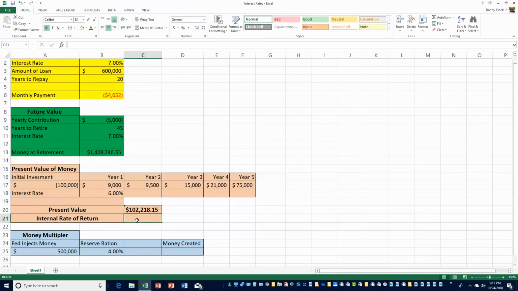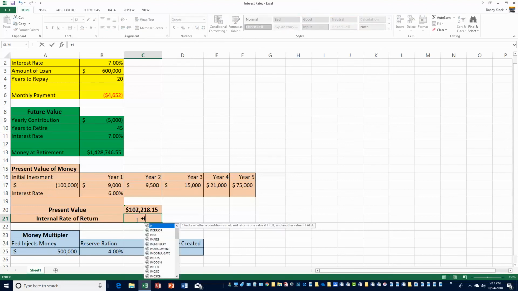If you actually want to see the exact rate of return for this investment, it's this IRR function, internal rate of return. I have to do an equal sign, equal IRR, open paren. This one you want to include the $100,000, so it starts in A17 all the way out to F17.